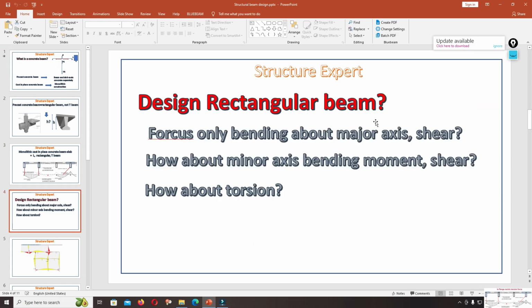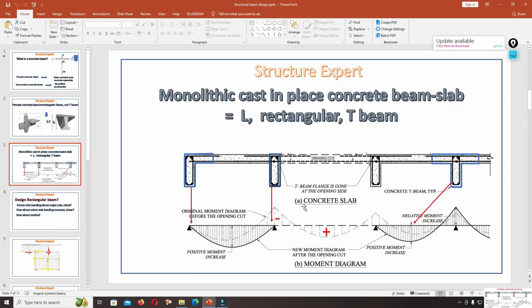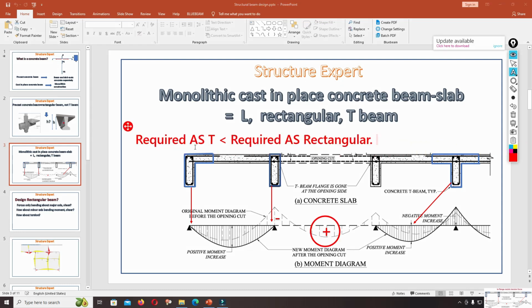In terms of design, when you take the compression plane into account, the required reinforcement is less than for the rectangular beam. The same applies to the shear reinforcement. For both the shear and flexural reinforcement, the required As of the T-beam section is less than that of the rectangular beam.